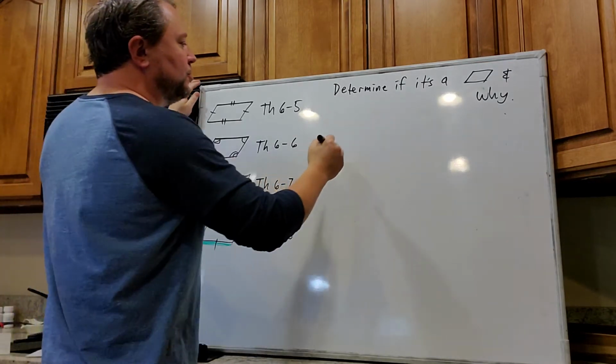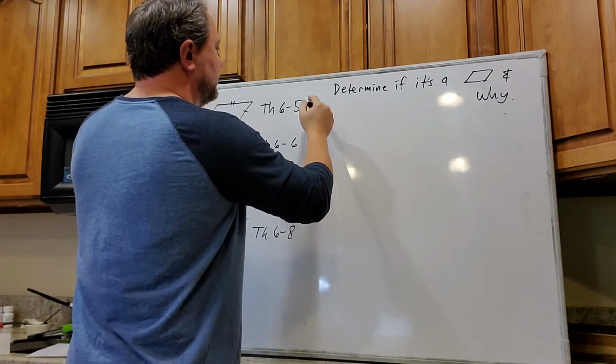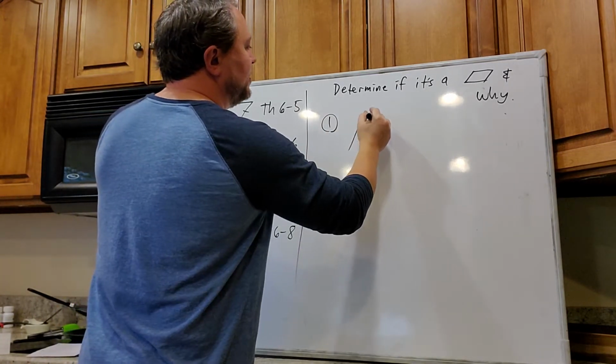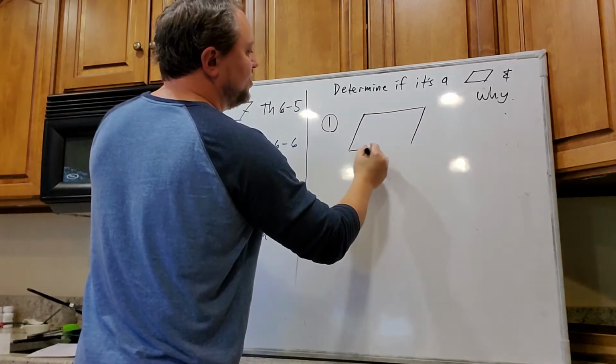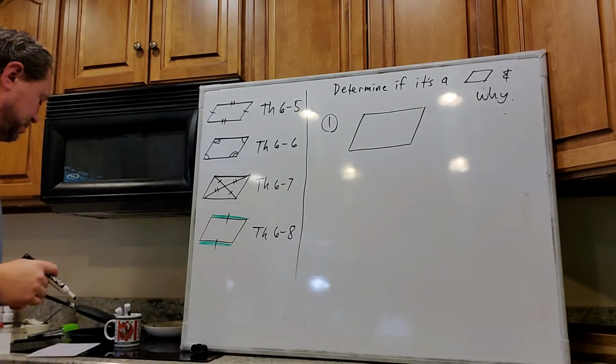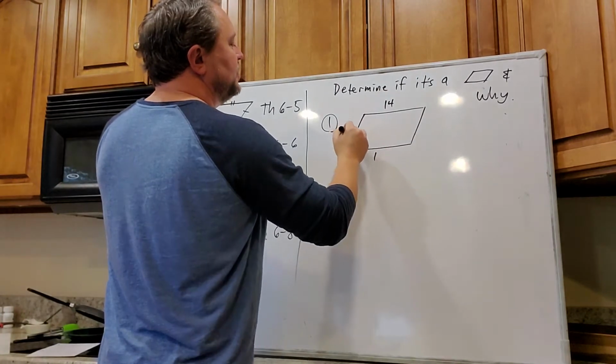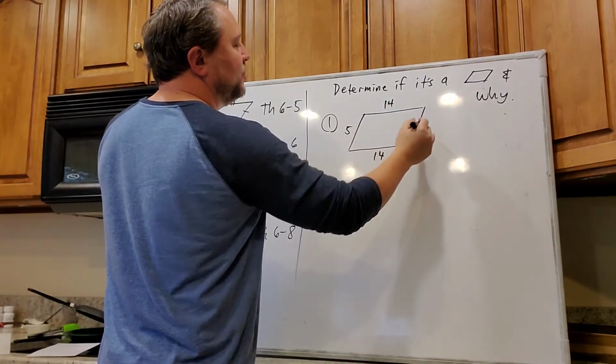So here's our first one. Let's say I've got some kind of quadrilateral shape here, and this top side has a length of 14. This is 5 over here. That's 14, and that's 5.